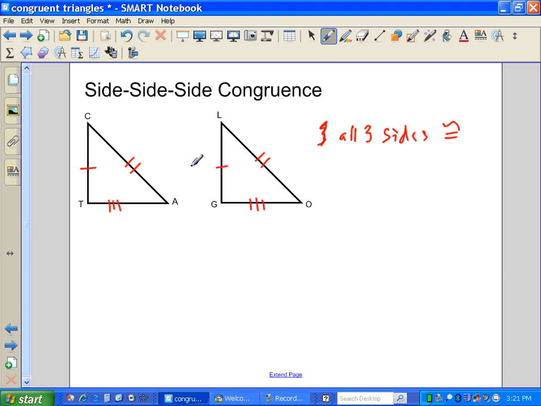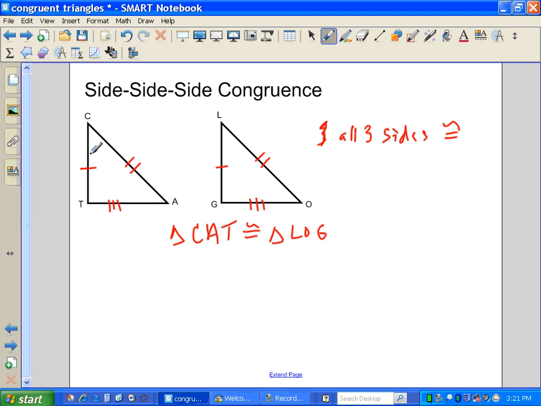If all 3 side lengths of one triangle are congruent to all 3 side lengths of the other triangle, then we can say that triangle CAT is congruent to triangle LOG.